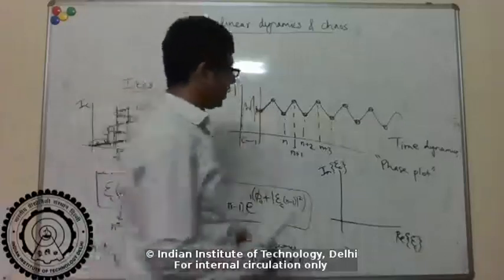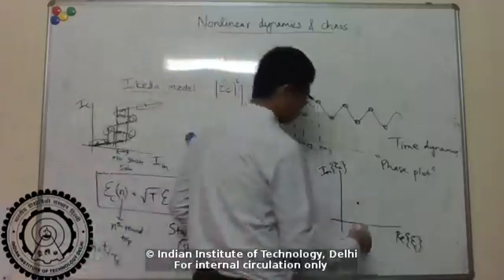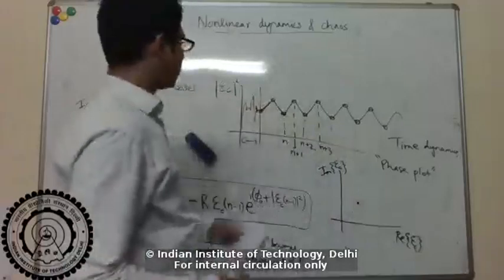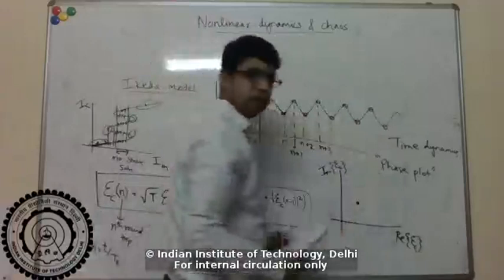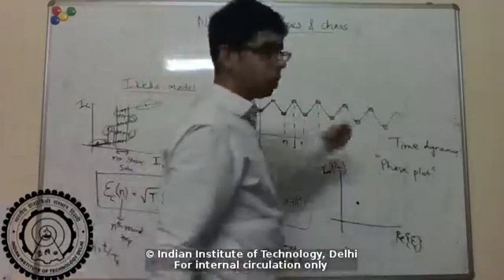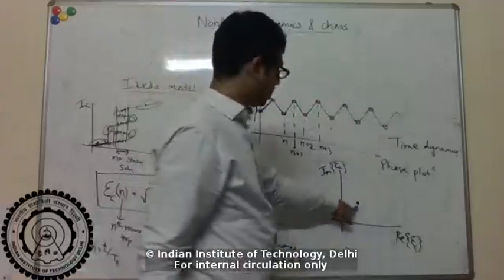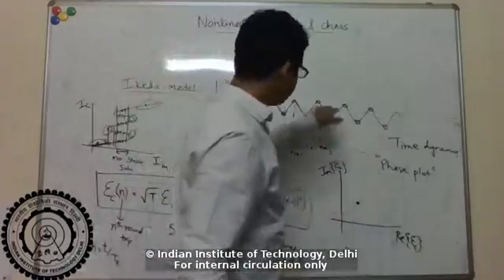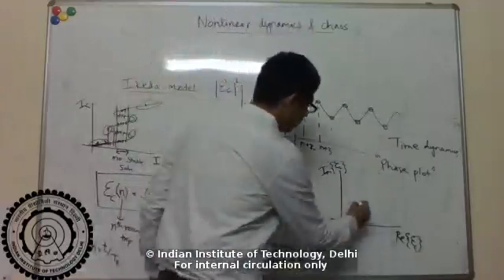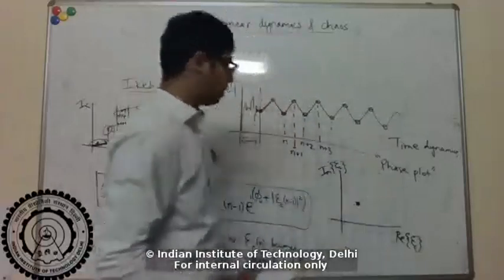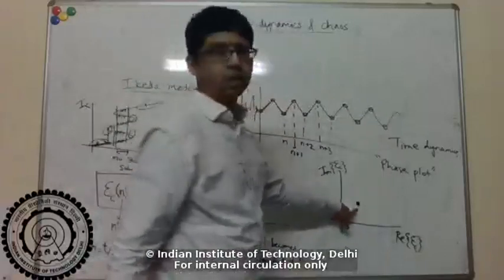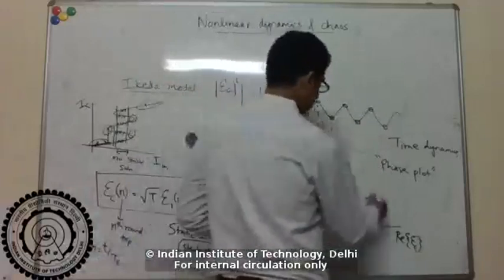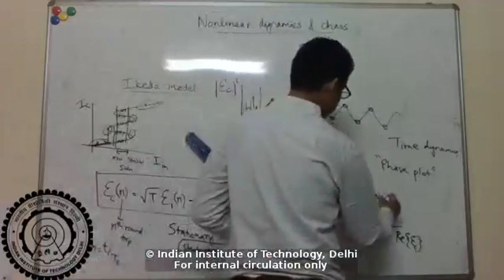For every solution, I put it on the complex plane. For a stationary, constant solution, I'll just get one point, whatever the output field is, and at every instant I'll keep getting that point again and again. So in the phase plot, if I get just one point, that's a stationary solution.